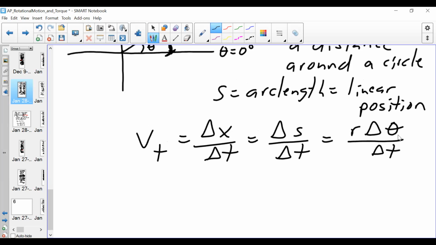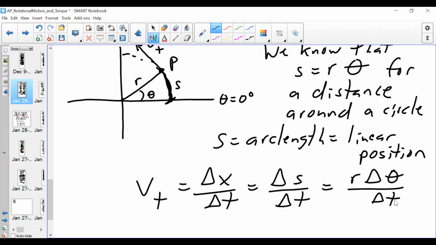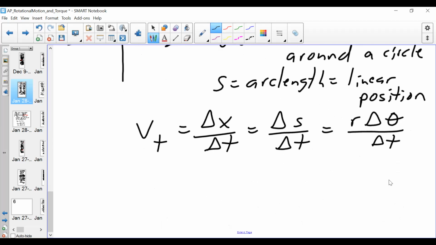Since s is r theta, our angle is changing, and this arc length is changing as the angle is changing. So this is our equation, r delta theta over delta t. And we defined up top that delta theta over delta t is angular velocity. So tangential velocity is married to angular velocity by this equation, r omega.